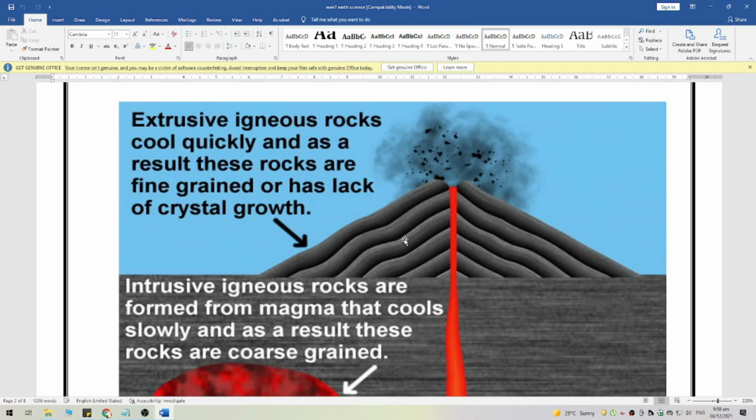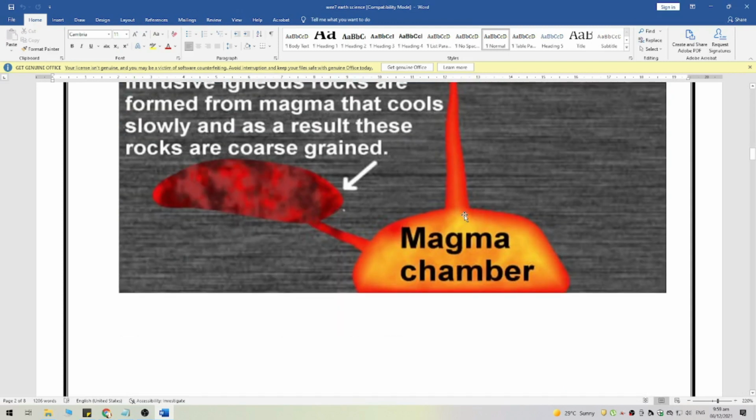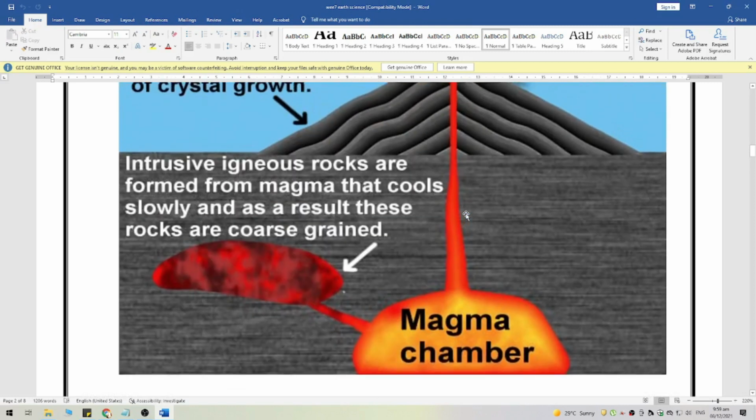Sila yung mga pinaka nasa outermost layer ng earth, yan yung pinaka-exposed. And yung intrusive naman, igneous rocks are formed from magma that cools slowly, as a result of which rocks are coarse grained. Doon naman galing yan sa tinatawag nating reservoir or magma chamber.